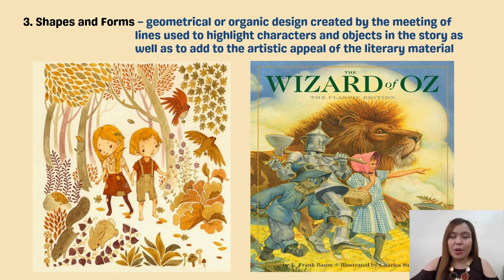Now, by the way, when we talk of shapes, we talk about two-dimensional objects. And when we talk of forms, these are three-dimensional. Nonetheless, both shapes and forms are used by illustrators to evoke emotions and to define the characteristics of certain objects or characters in the story.